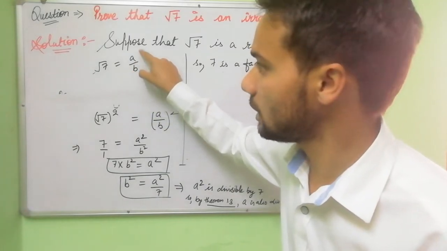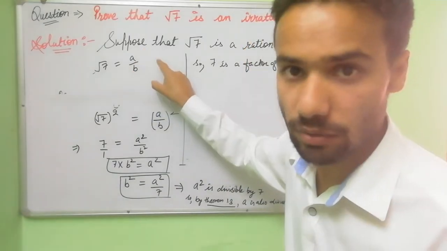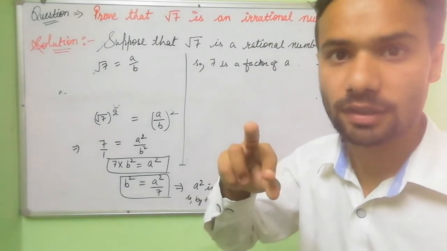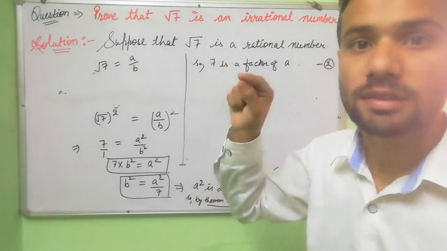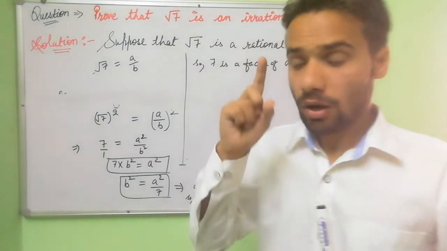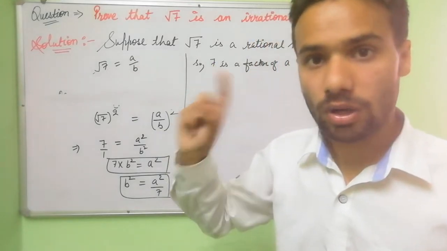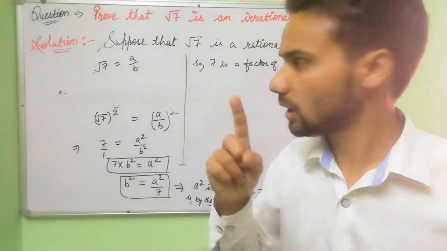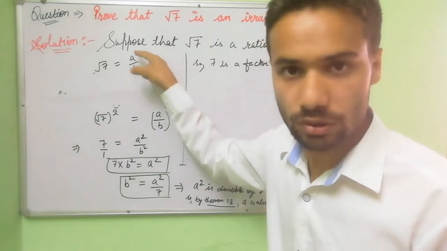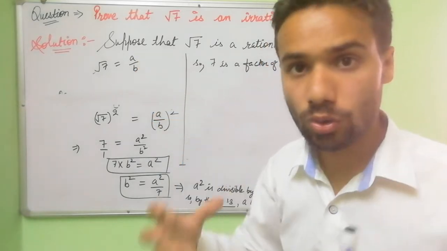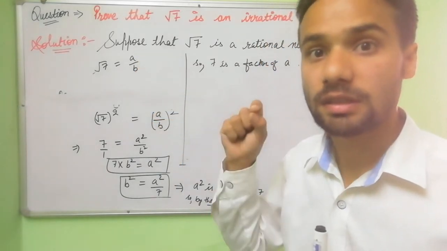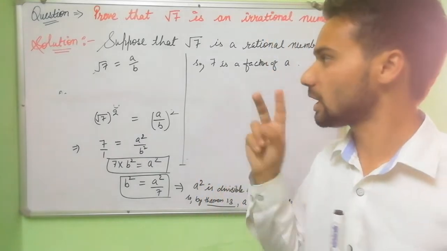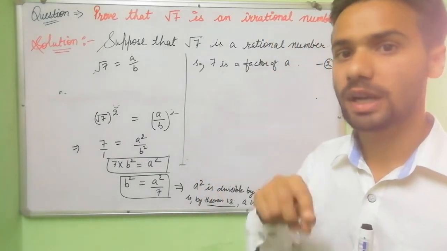So the common factor is 7. You know very well these two integers already have one common factor, 1, but you get a new factor, 7. Means you get 2 factors, 1 and 7.